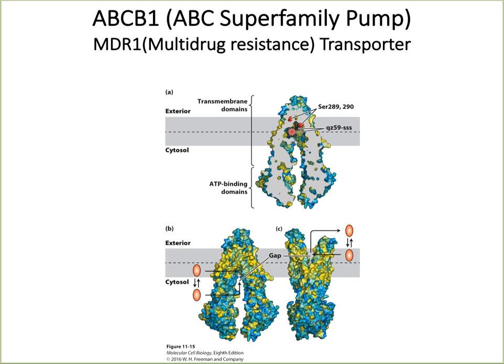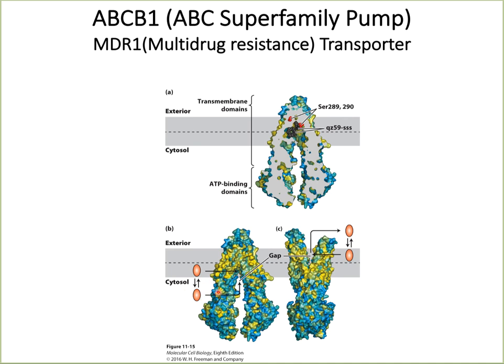An important point about the ABCB1 transporter is that serines 289-290 affect the ligand specificity of the transporter. As we mentioned, it is a multi-drug transporter. Many different hydrophobic and hydrophilic molecules can bind in the pocket.